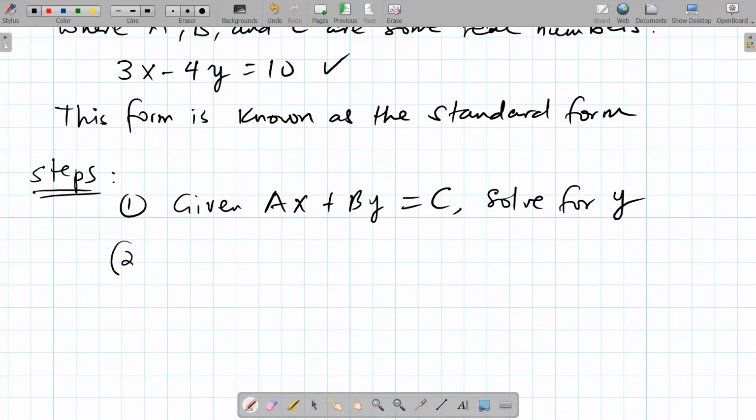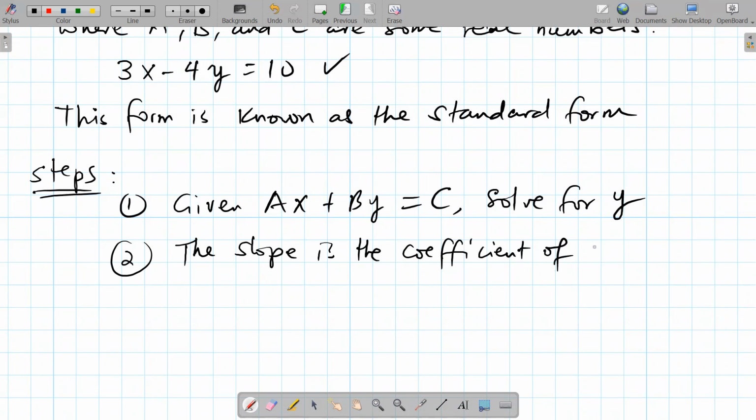And then second, once you solve for y, the slope is basically the coefficient of the x term.